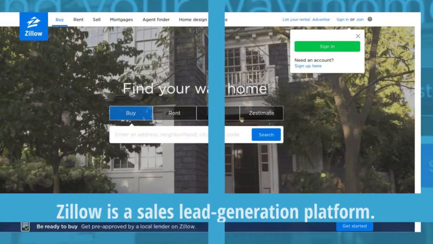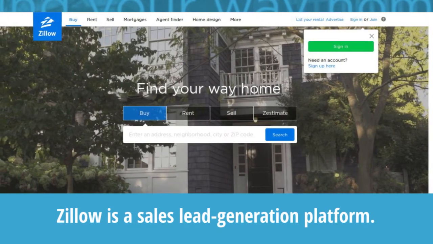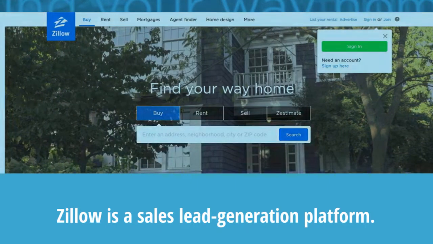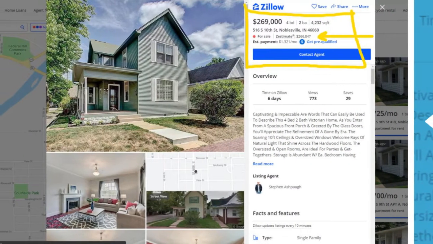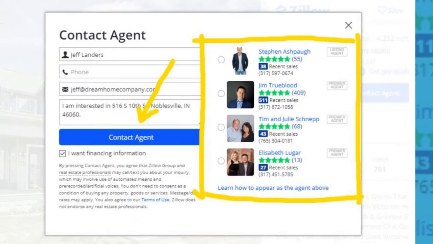You all have heard of Zillow. What exactly is Zillow and what is its main function? Number one, its main function right now is it's a lead generator, mainly for people like me, real estate agents. Real estate agents pay money to be a premier agent on Zillow. So every time you see one of those premier agents listed below a listing, they're not super awesome agents.